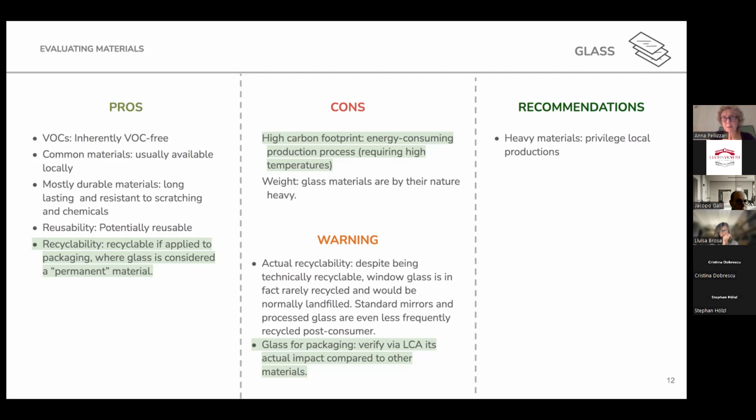When it comes to other types of application, like windows or interiors, post-consumer glass is very hardly recycled. It is very difficult to recover, although there are projects to improve the recycling of glass.